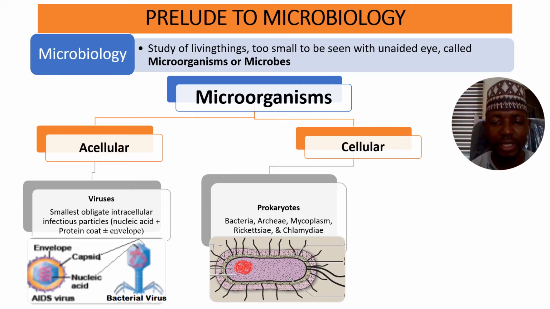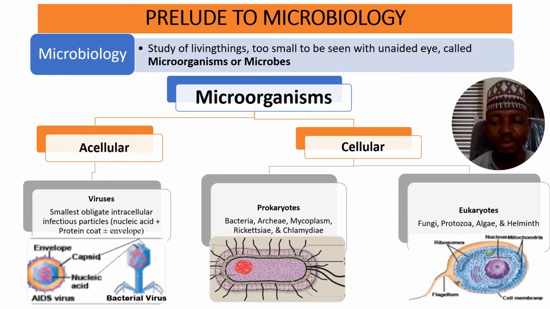Now, the second division of the cellular microorganisms are the eukaryotes. As the name implies, eukaryotes are defined as living things that have complete cellular organelles. They have complete cell membrane-bound organelles.